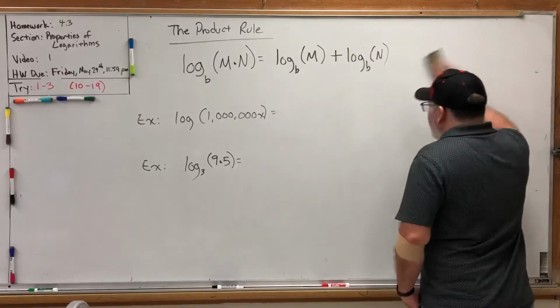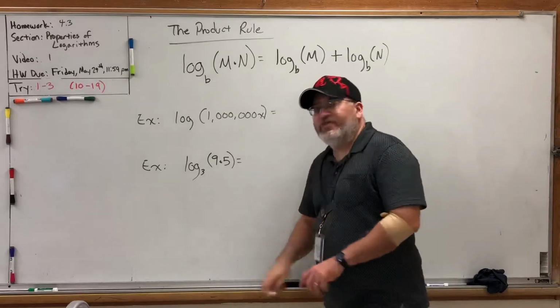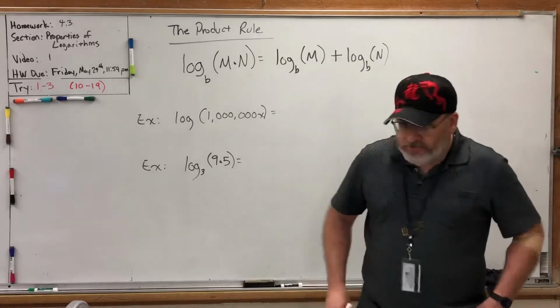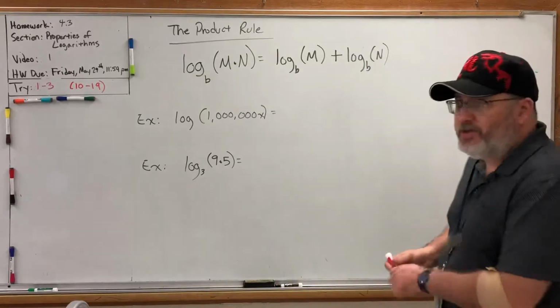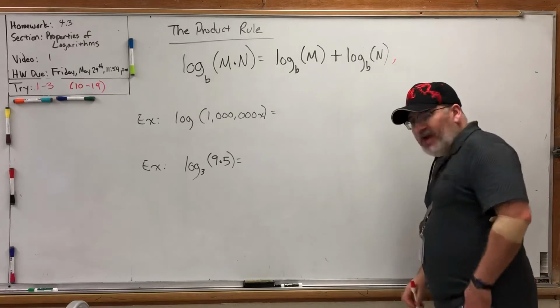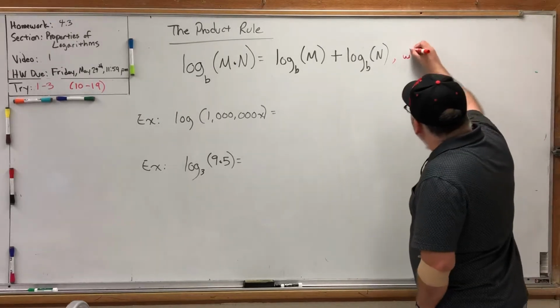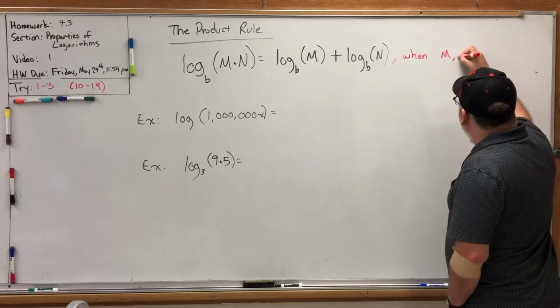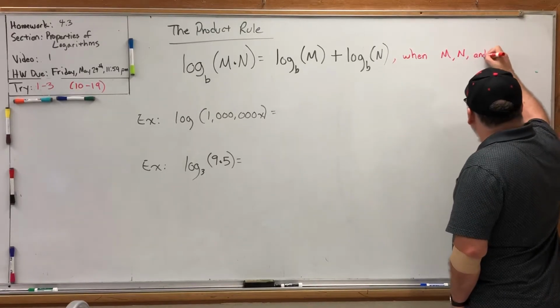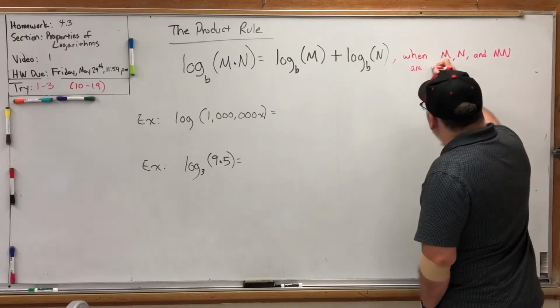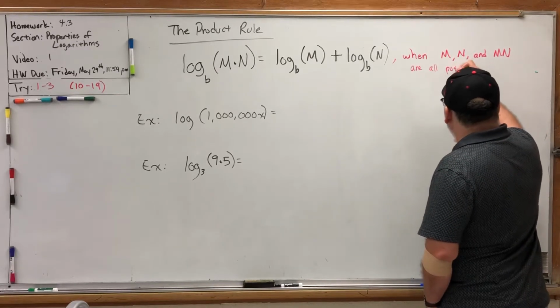There is a caveat, and most of the time it's a non-issue. Towards the end of the next series of videos, you'll see why it is a subtle issue. This is true most of the time. This is true when m, n, and mn, their product, are all positive.